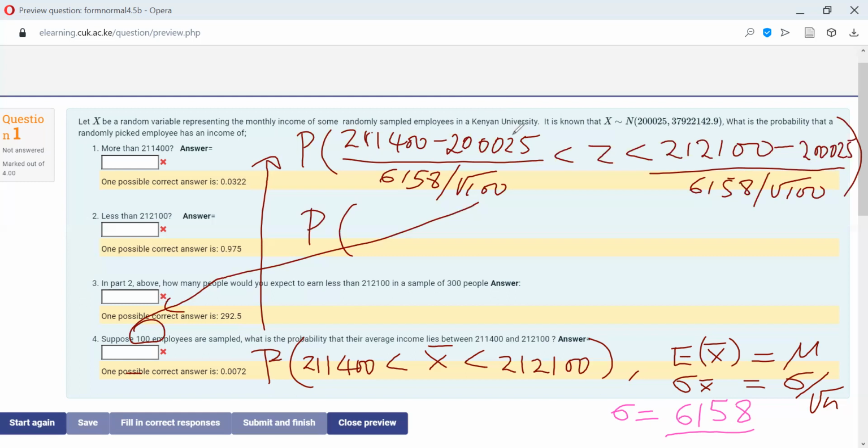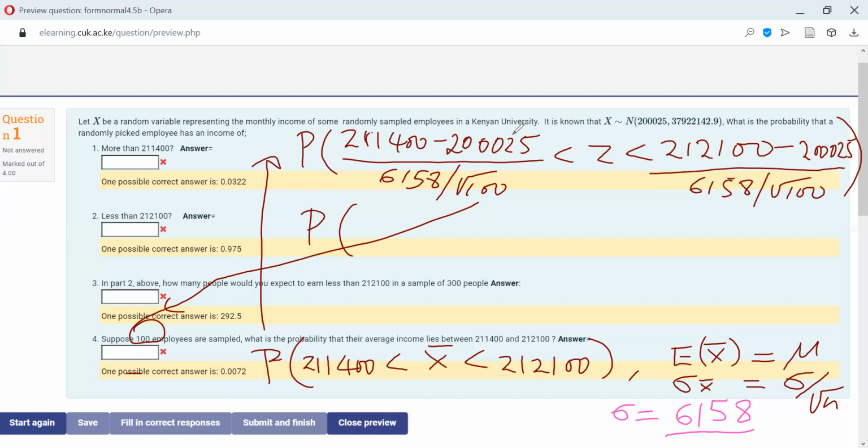21,400 minus 20,025. That becomes 1,375 something divided by 615.8, because when we do the square root, we will get that. Correct?